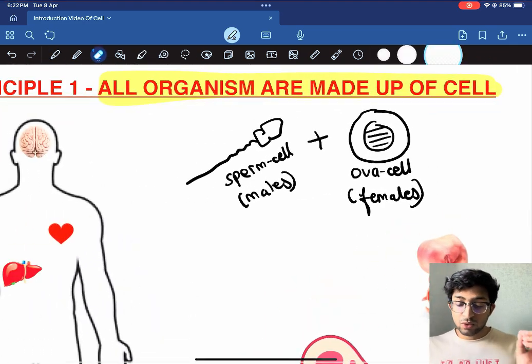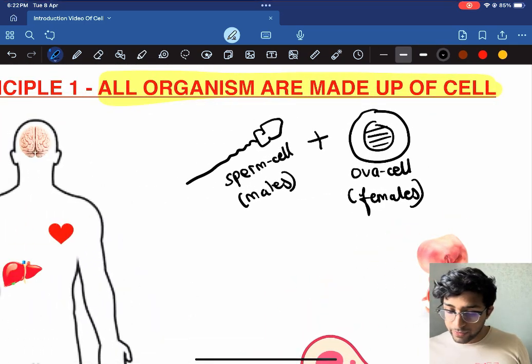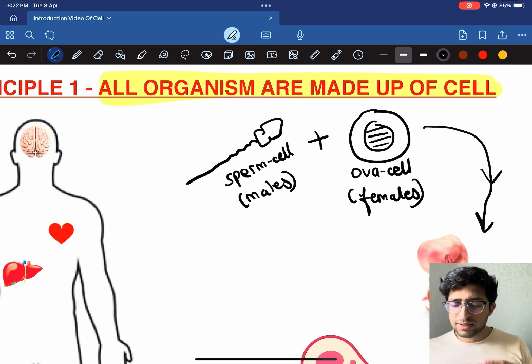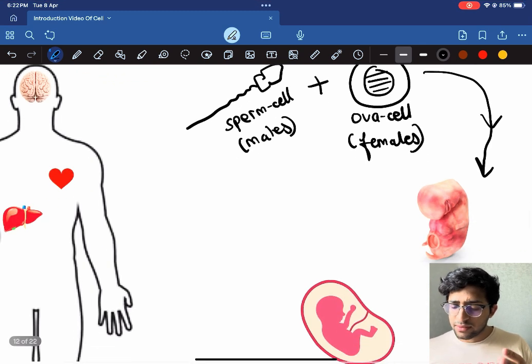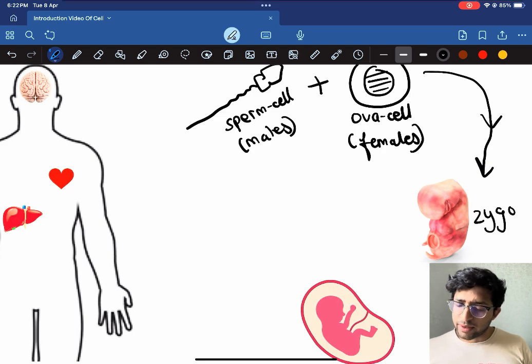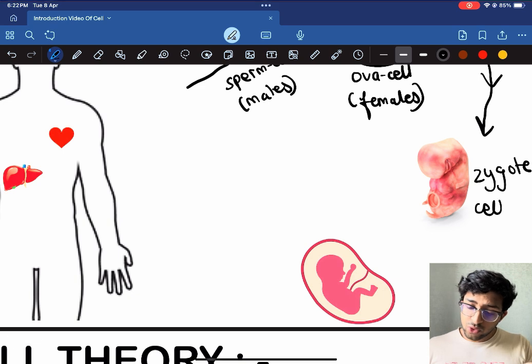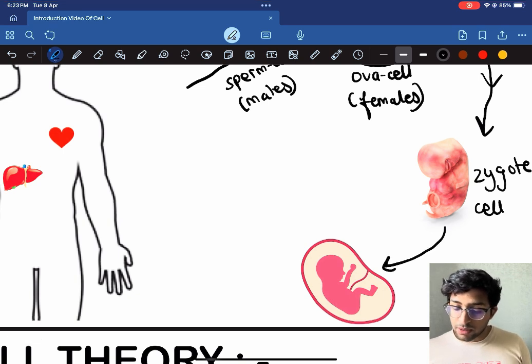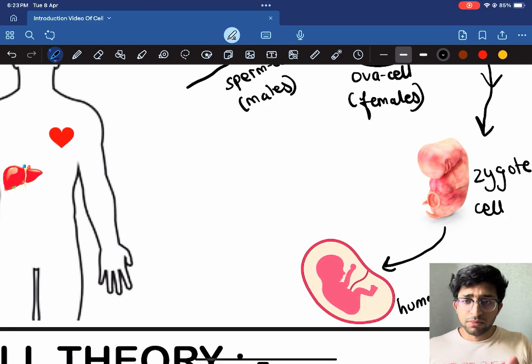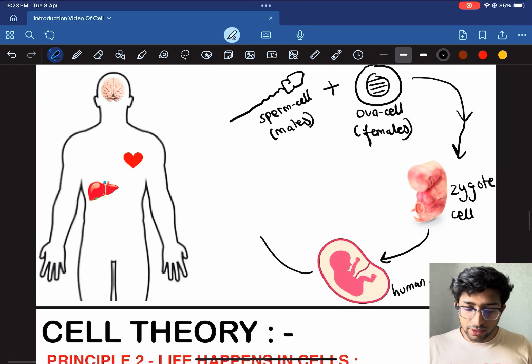If these two cells come together, after some processes they make a zygote. And this zygote cell will eventually form a small human baby, and this human baby will eventually grow into a human.